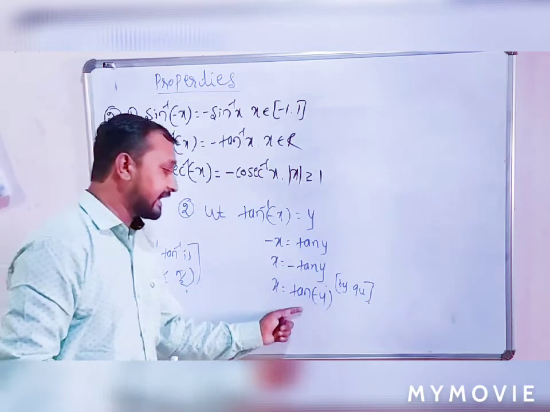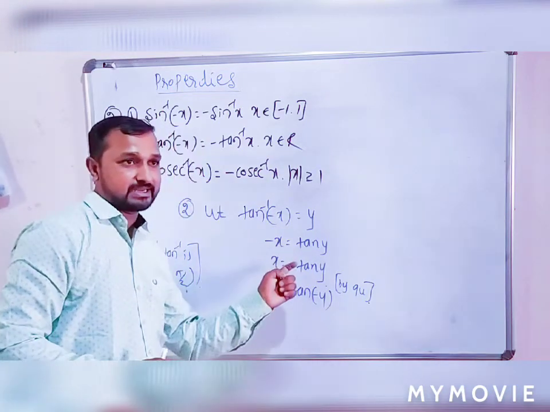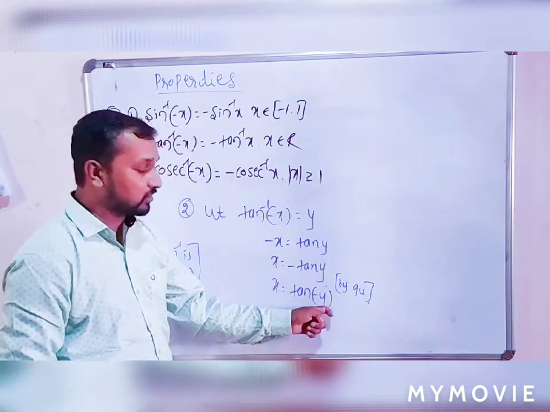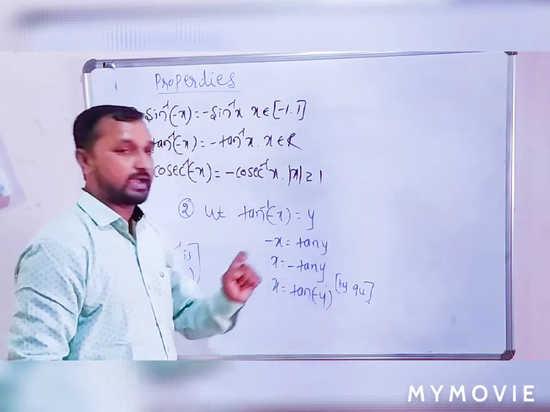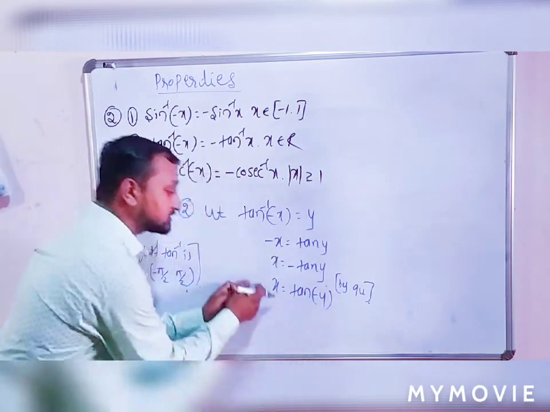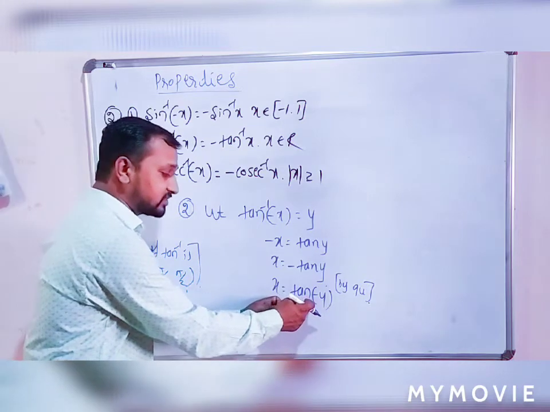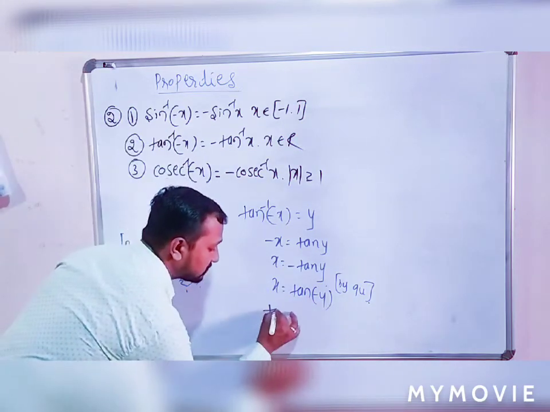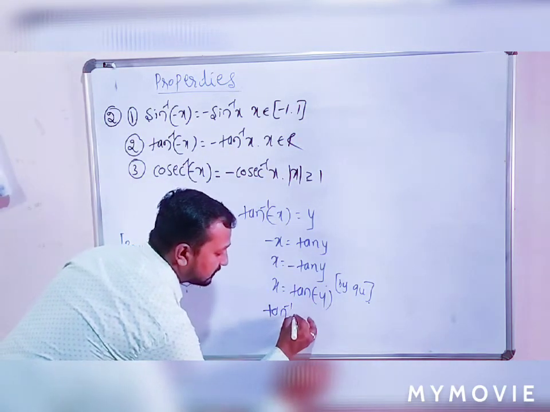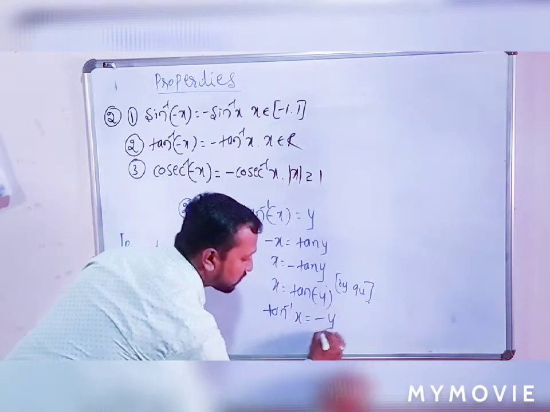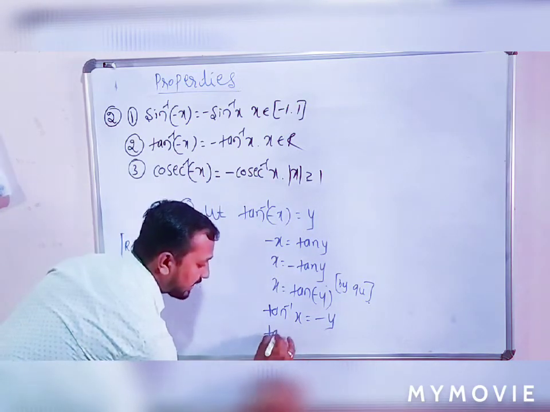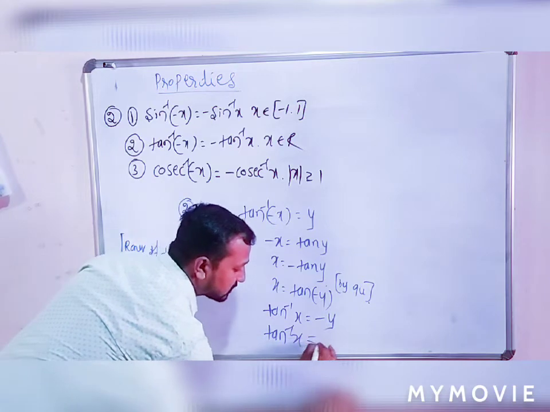In the fourth quadrant, tan of minus x is equal to minus tan x, so tan of minus y is equal to minus tan y. So tan is shifted to the left hand side, and the tan function becomes tan inverse. So tan inverse of x is equal to minus y.